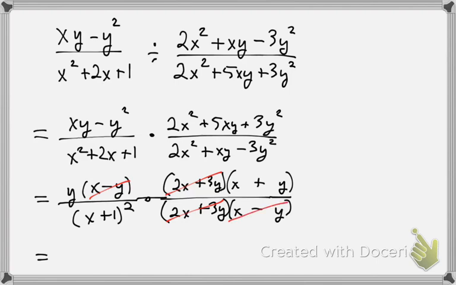Anything else? Then what do we have left? y times (x plus y) over (x plus 1) squared. Is that okay?